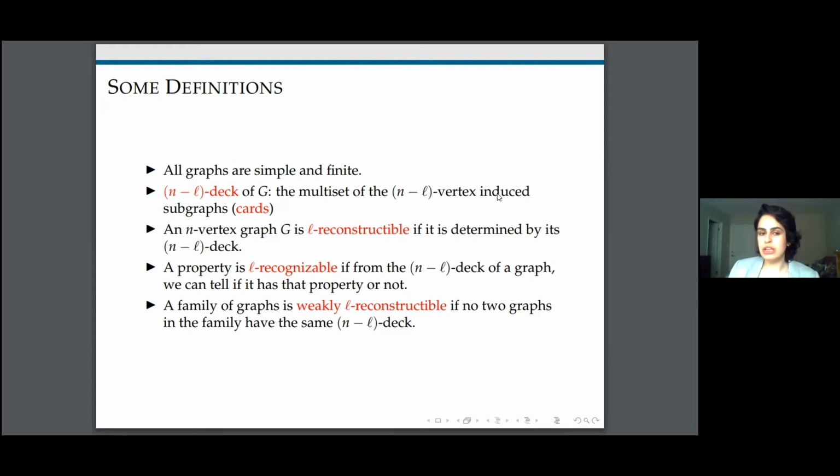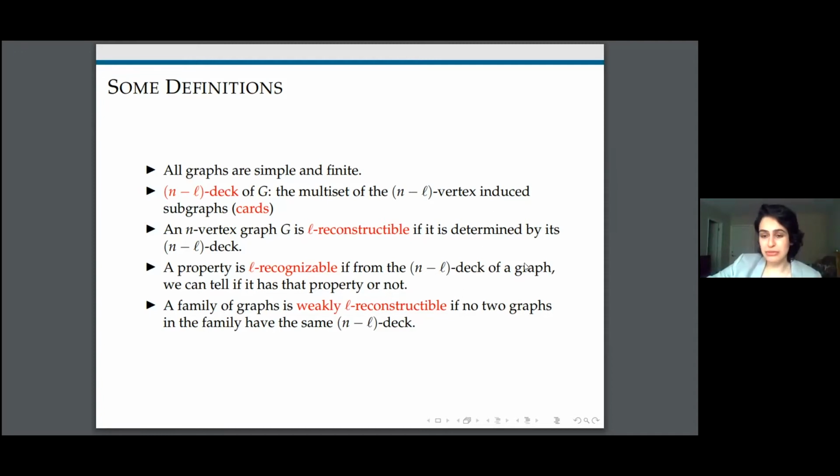Also, a property of graphs, whether it's connectedness or acyclicity, which is what we mainly talk about in this project, we will call L-recognizable if, from looking at the n minus L deck of any graph, we can tell if that graph has that property or not.